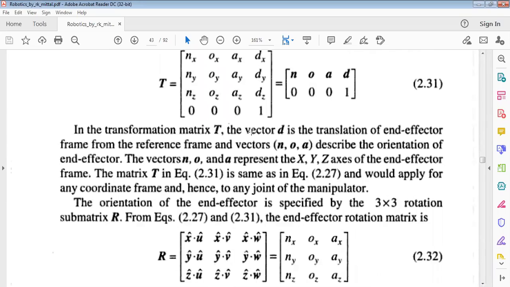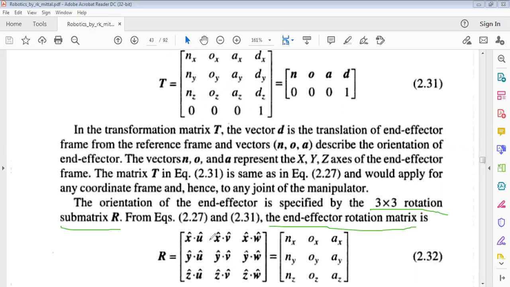In this transformation matrix, the orientation matrix is the 3 by 3 rotation matrix R, which is the end effector rotation matrix.